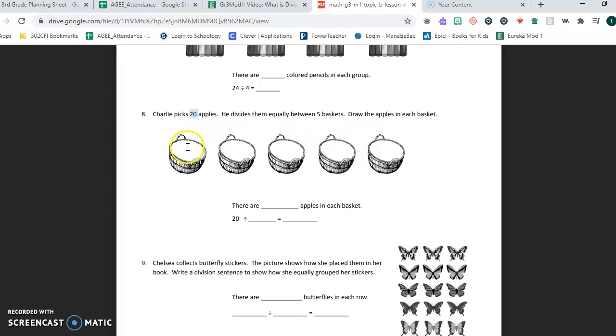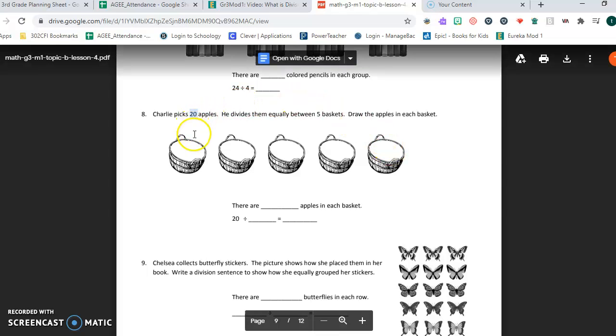So now we can go here and start at 11. Continue distributing. 11, 12, 13, 14, 15. Okay, so we've got 15 total apples in the baskets, and each basket has 3 apples in it right now.